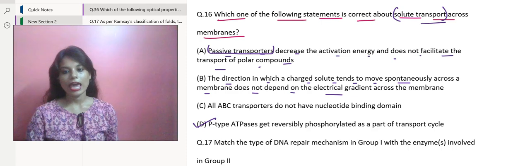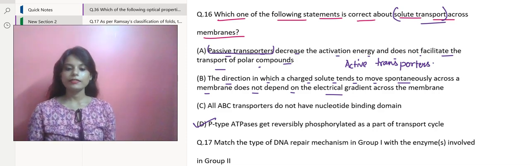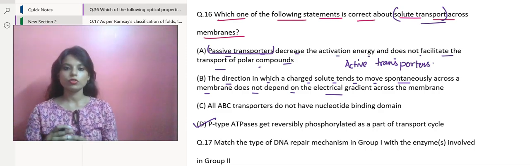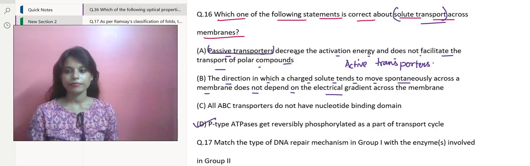Now, active transporters, what do they do? Active transporters, on the other hand, require the expenditure of energy to move the solutes against their concentration gradient. Okay.